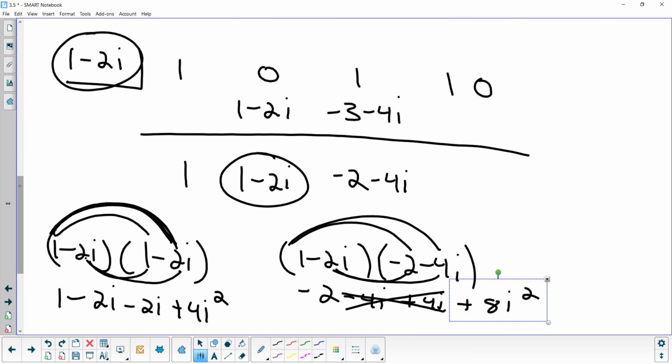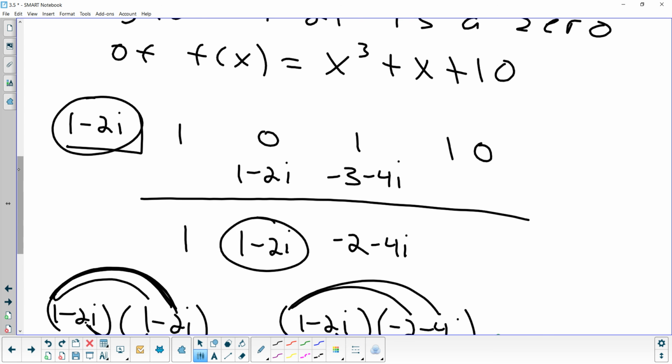Negative 10. And we get exactly what we expected, a remainder of 0.